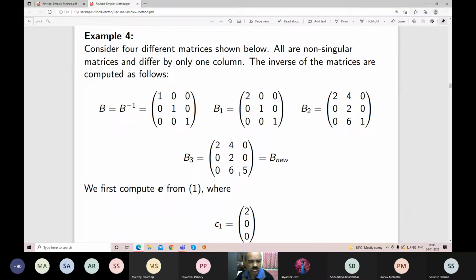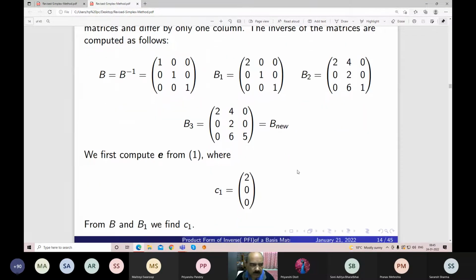Okay, so now see B and B1. Can you tell me what is the B1 inverse? Using B, if you are computing the B1 inverse, what is our B1 inverse? I have told you.